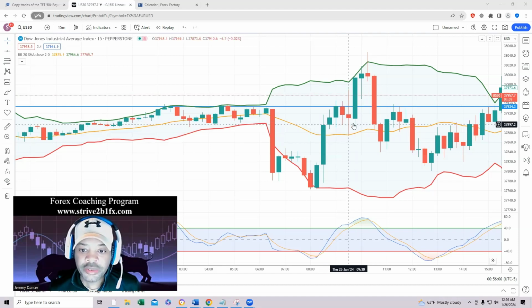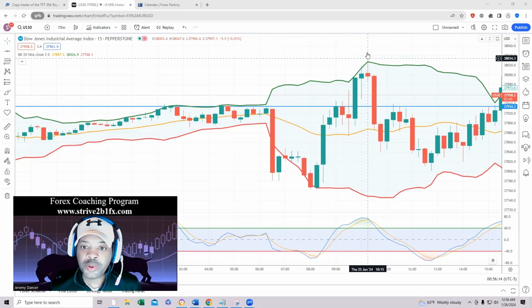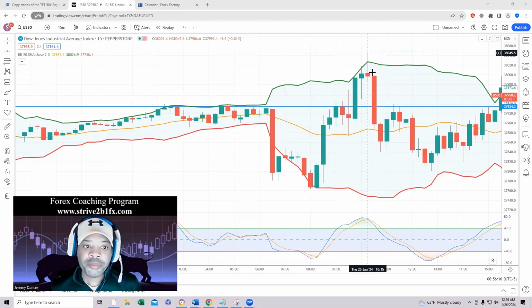And you can see here, had you placed a buy anywhere between these two areas, then again, you would have easily made 50 to 100 pips, or actually more than 100 pips.